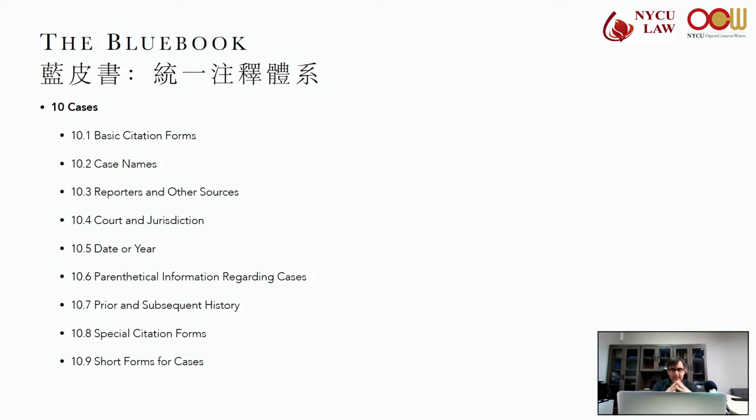But the Bluebook says that we omit denials of cert or denials of other appeals, right? Unless the decision is less than 2 years old, or the denial is relevant to the point you're trying to make in your article. We also omit history on remand and denial of rehearing unless it's relevant.